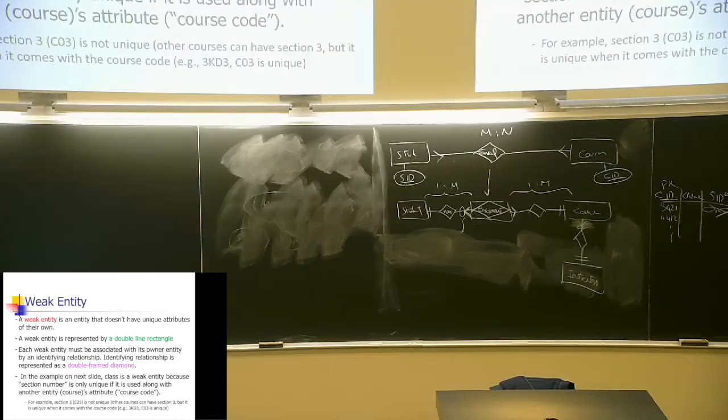You can represent it as a strong regular entity. Whereas for the course section, that is not the case, because if I'm telling you section M, then it's like, okay, which course?